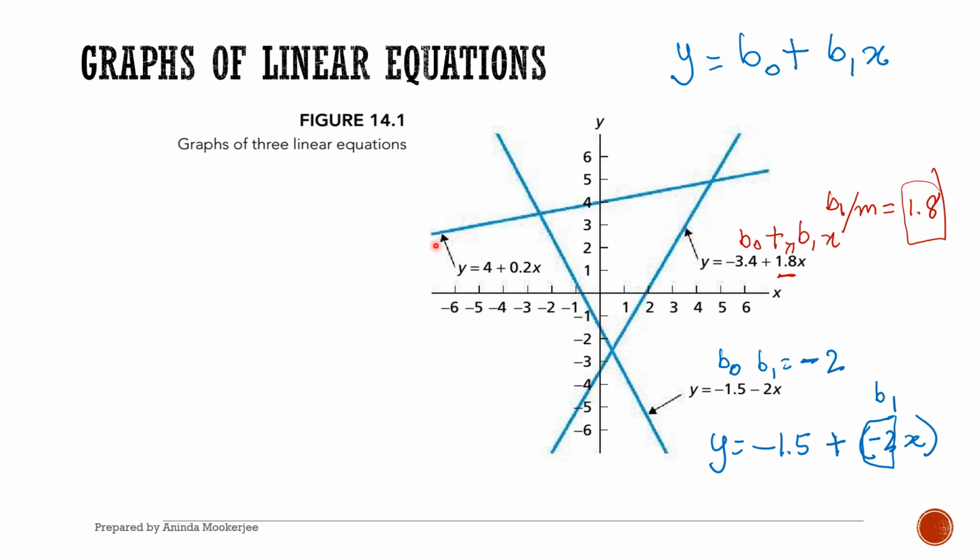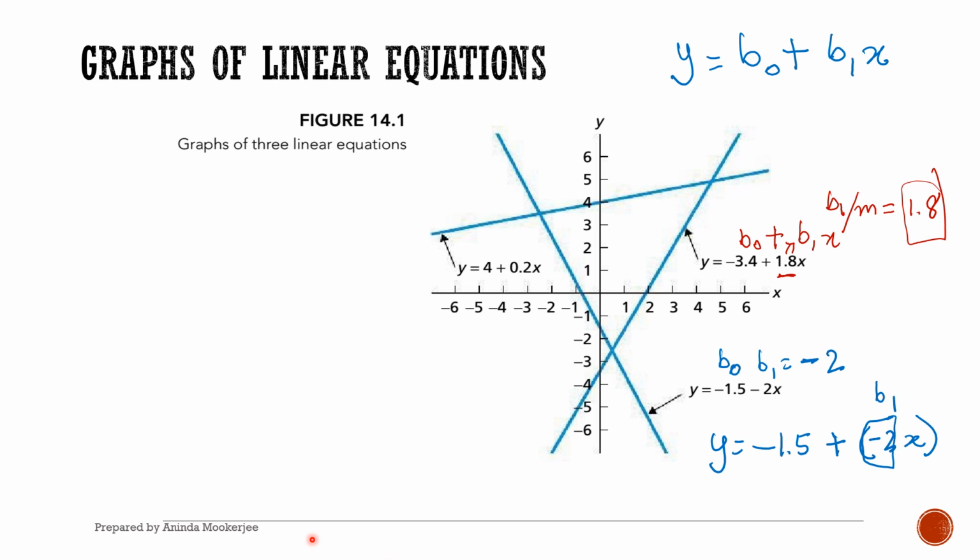And then we have this third line here, which is also a slanting line, but it goes up from the left to the right. However, it doesn't slope as steeply as this line here, correct? It slants more gently, it rises more gently at a slower pace.